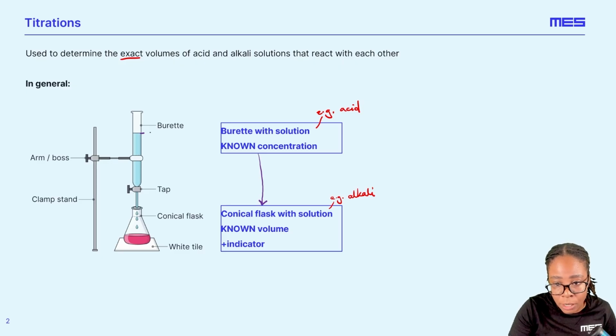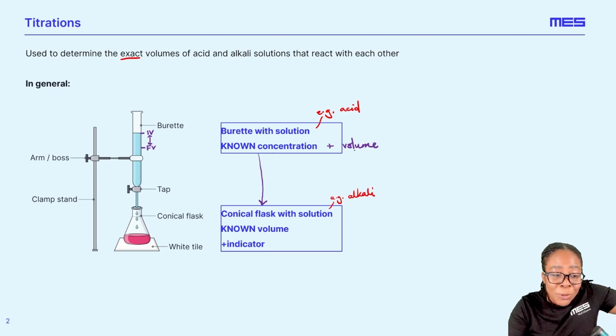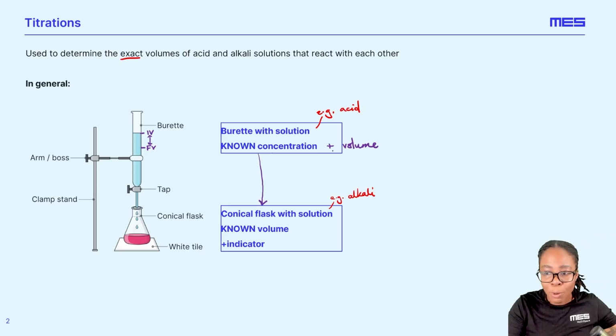So let's say our starting volume was here, our initial volume, and then after neutralization was done, when our color change took place, this was our final volume. This difference in volume tells us now the volume of the acid that we needed. And once we've got the concentration and the volume of something, we can, of course, calculate the moles.